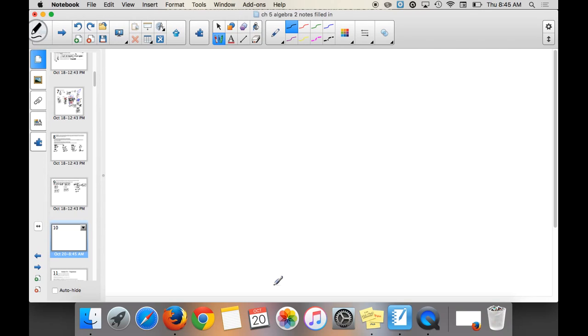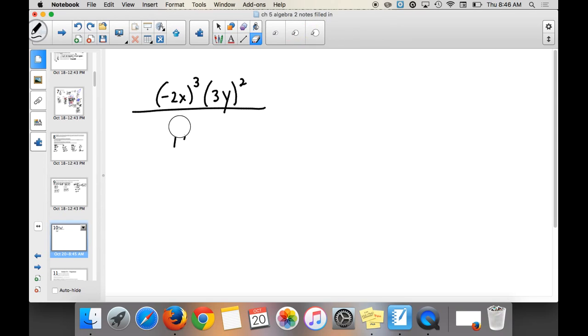I think the things that were throwing you off are the ones that I had negatives in there and things inside parentheses. Okay, so let's say we have something like that. Try along with me. Be active note takers. I always say this. So try the problem along with me and see if you get the correct answer.